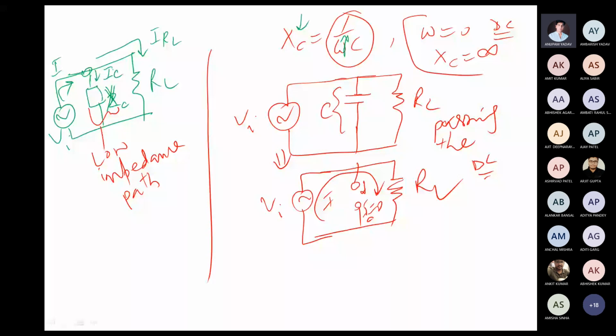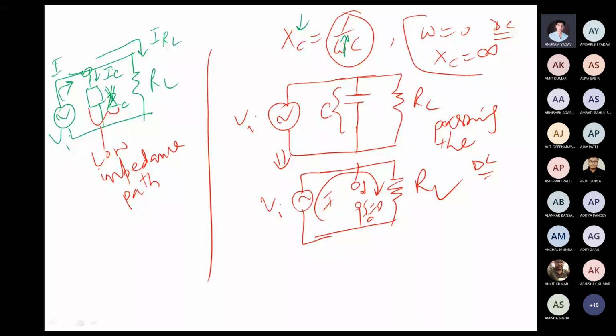And as the frequency is increasing, a major portion of the current is going to pass through the capacitor as compared to the load resistance RL, and so we will have a smaller output corresponding to the input, a varying signal input. So it means it is attenuating.